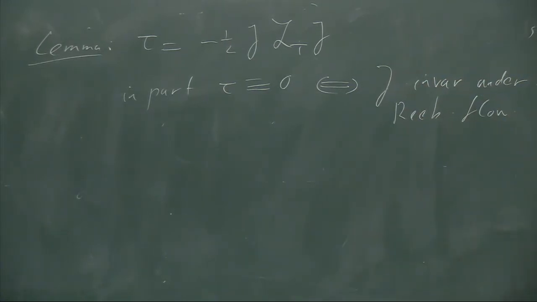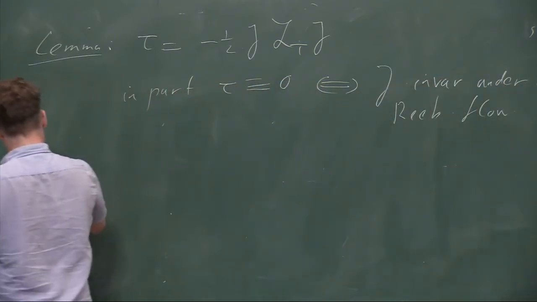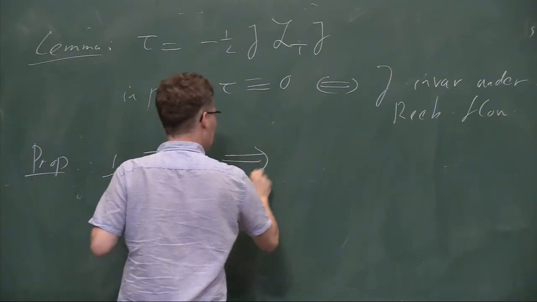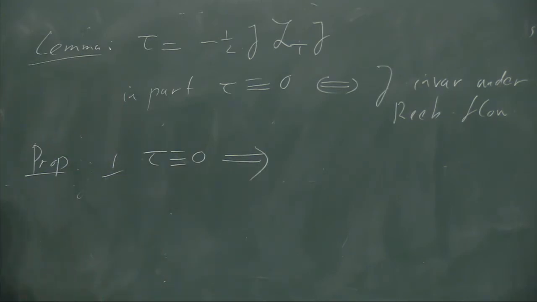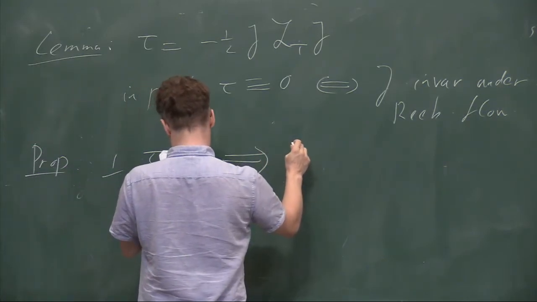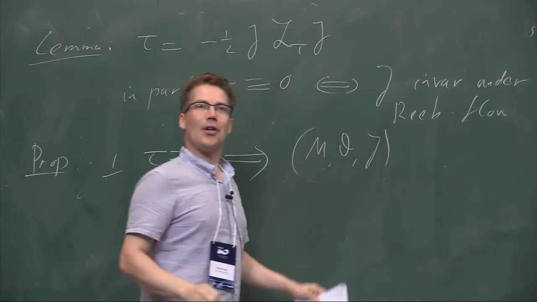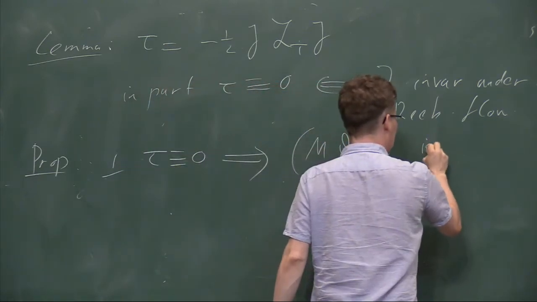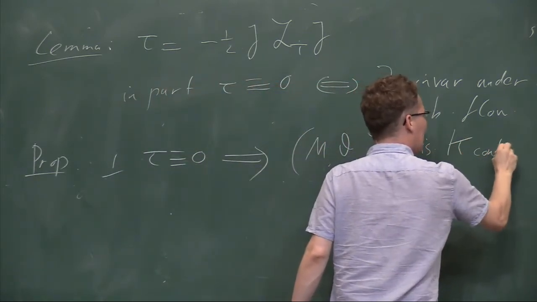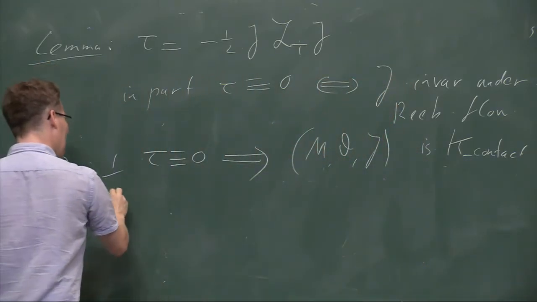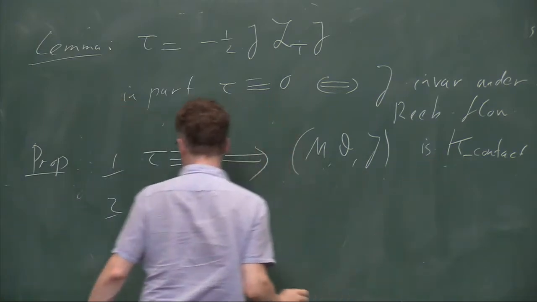So now you can wonder, how special is it to have a J which is invariant under the Reeb flow? And of course it's very special. Having a J that is invariant under the Reeb flow means that this contact manifold, together with the complex structure, is what is known as K-contact. Let me say the proof is almost shorter than the statement, but I will write out the proof. Then I will also explain what this means.